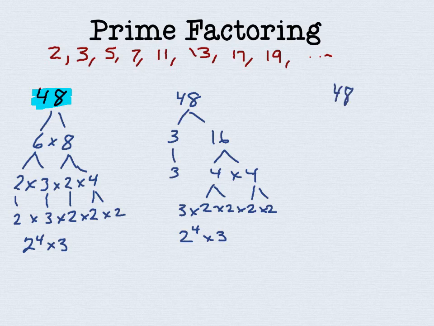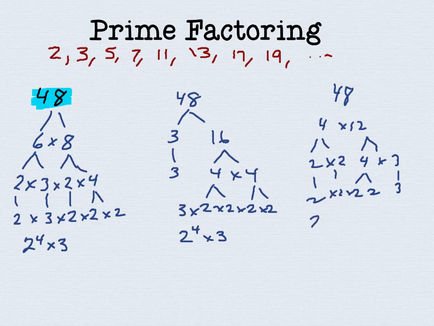You would have had 4 times 12, so 2 and 2, and 4 and 3, and the 4 would have broken down again, a much messier version.